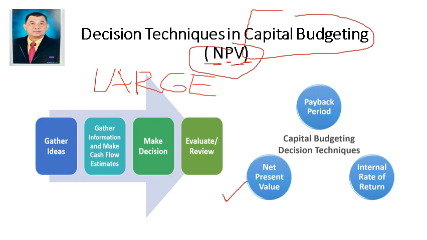Okay, so this is capital budgeting, and if you have a potential project, you need one of the tools to analyze whether you have to proceed with the project, or will the project be profitable, or produce a positive sign, meaning the cash inflow is more than your cash outflow. So this is capital budgeting.